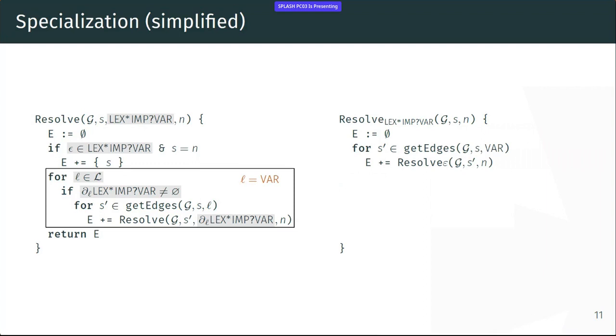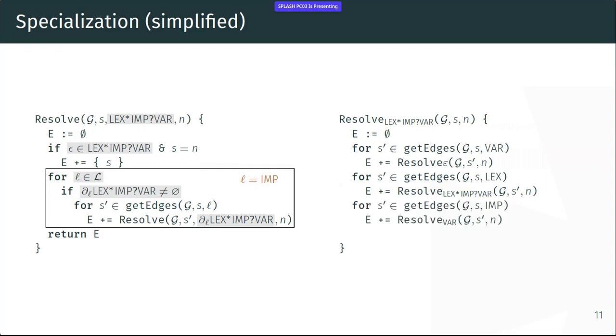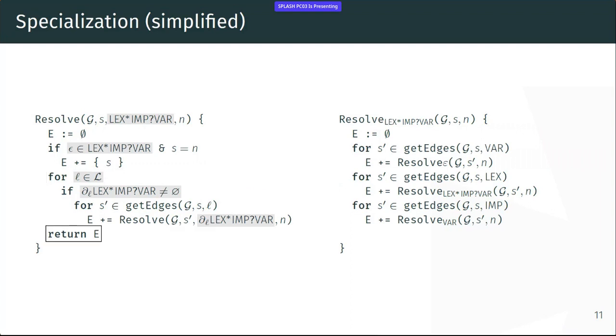We can do the same for the lex label, which will look similar, but references a different specialized version of resolve because the derivative is different. And again, the same for the import label. For the mod label, however, such a derivative does not exist. So we do not have to include the inner for loop specialized for the mod label.